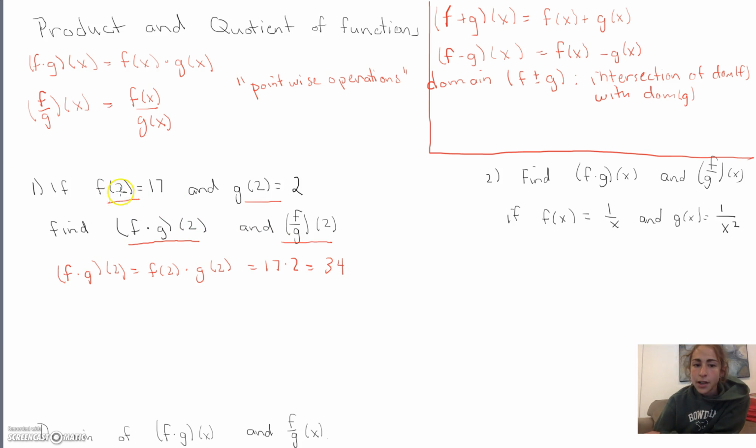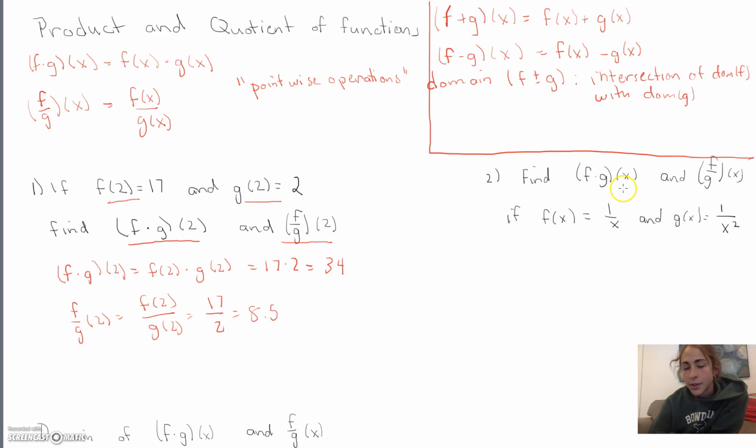So all I need to know is what the value of f is at 2, what the value of g is at 2, and that tells me what the value of f times g at 2 is. Similarly, to find f over g at 2, I just do f of 2 divided by g of 2, and that's 17 divided by 2, which is 8.5.